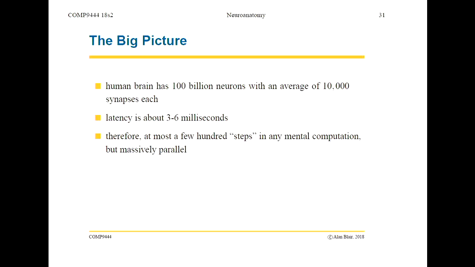And the latency, what do we mean by latency? If one neuron is connected to another, what is the time gap between when this neuron fires and when that neuron fires? It depends on the type of neuron, the type of channel, the length of the axon, but typically perhaps 3 to 6 milliseconds.